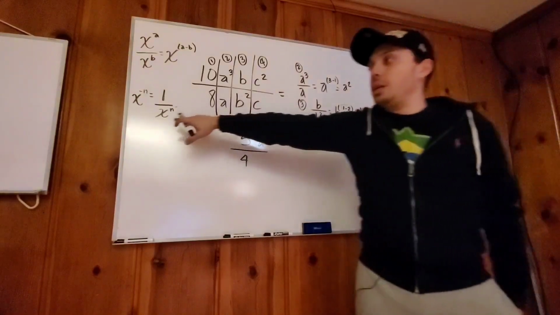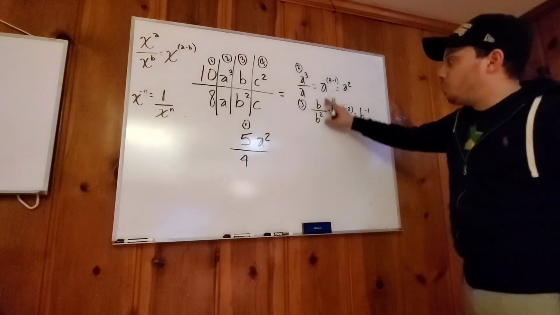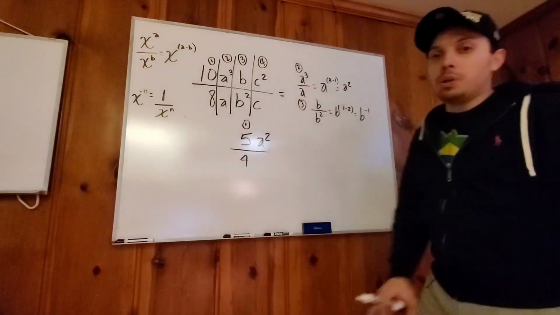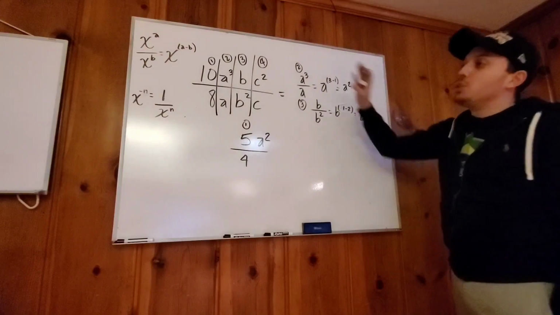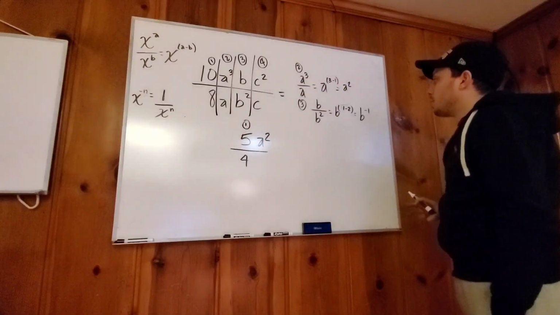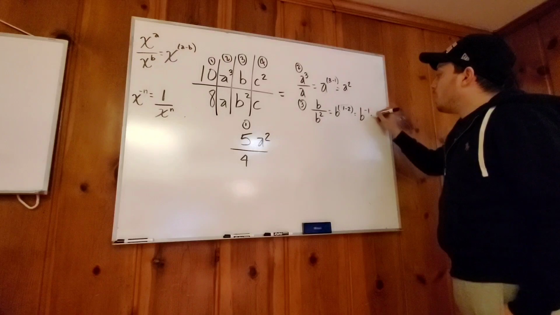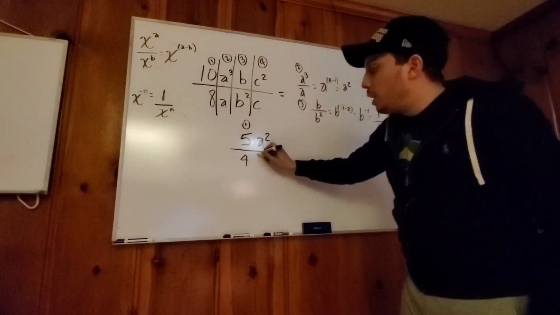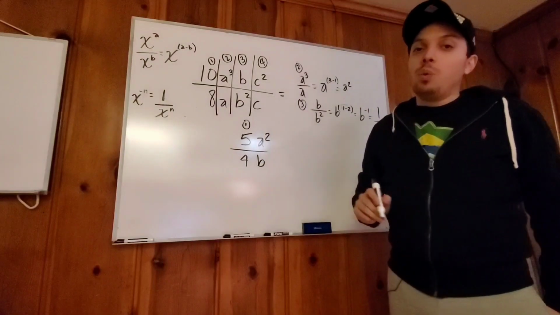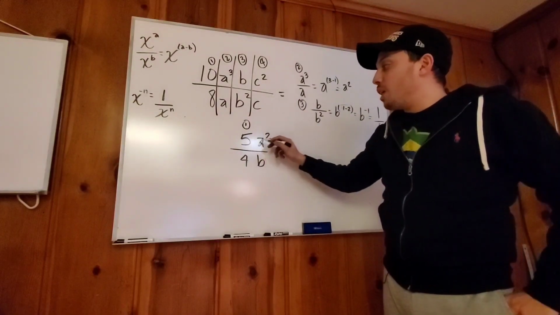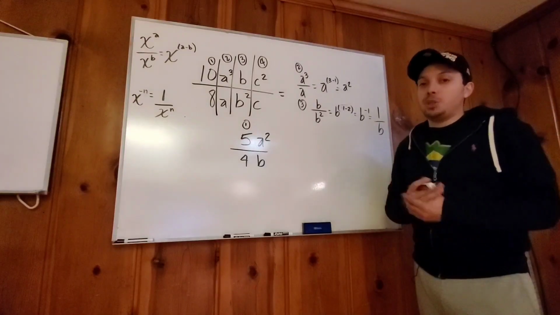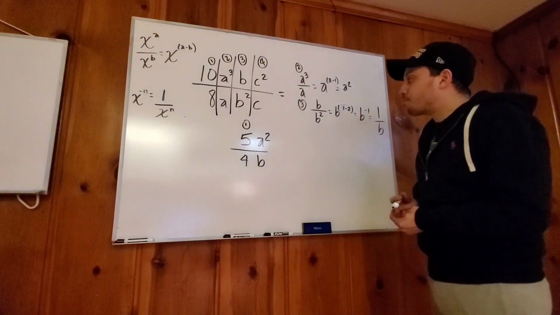This is one of the reasons I put this one, right? Because to be able to do the third part, we needed to use the first property of exponents that I put there, and then we had to use the second property of exponents that I put there. And so b to the negative 1 is the same thing as 1 over b. So I'm going to put the b in the bottom, but I'm not going to put the 1 in here, because what is 1 times 5a squared? 1 times 5a squared is going to be 5a squared, okay?